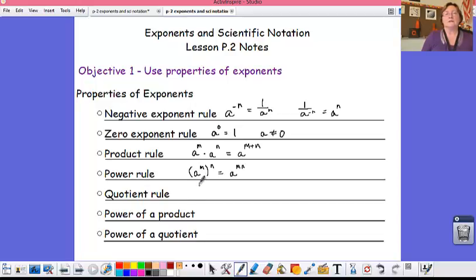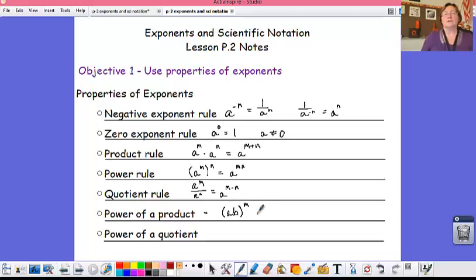The quotient rule is kind of the reverse of this one. It says that if you have a to the m divided by a to the n, instead of adding, which you did when you multiplied, you subtract the exponents. So where you've got the same base in the top and bottom of a fraction, you subtract the exponents, so m minus n. The power of a product means, suppose we're starting out with something like ab raised to the m power.